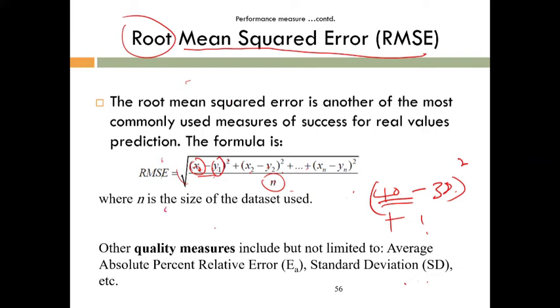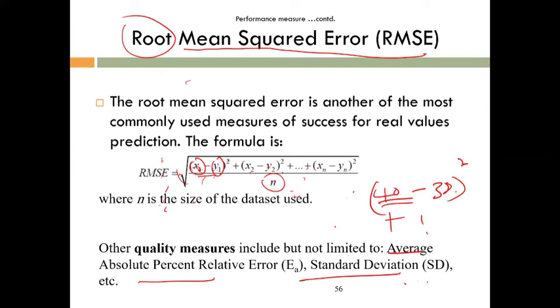We say other quality measures include, but are not limited to, average absolute percent relative error and standard deviation. Sometimes you want to find the standard deviation between the predicted and the output, to find how far they are from each other. If you use packages like Weka or any other software, you can select which to show.